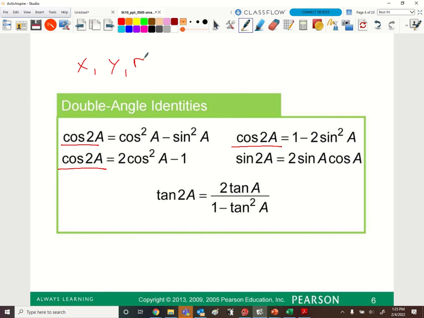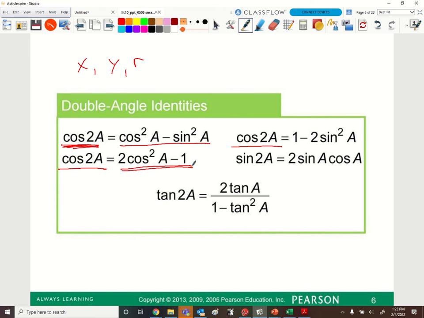So this first one of cosine 2a here is used when I know sine and cosine. So if I know the x and the y, right? X, y, and r. I have to know all of them to get that. The next one is going to be cosine, right? It only has a cosine, doesn't it? So I would use that one when I know the x value.